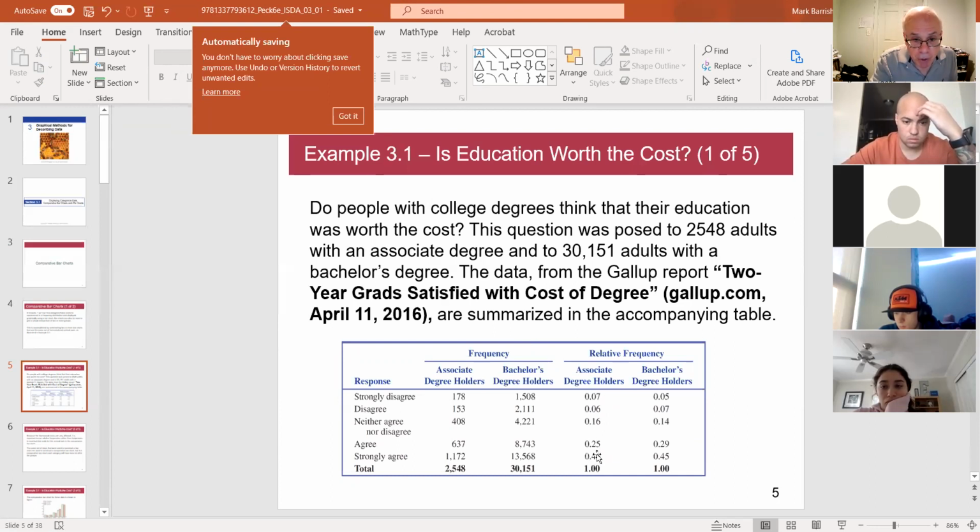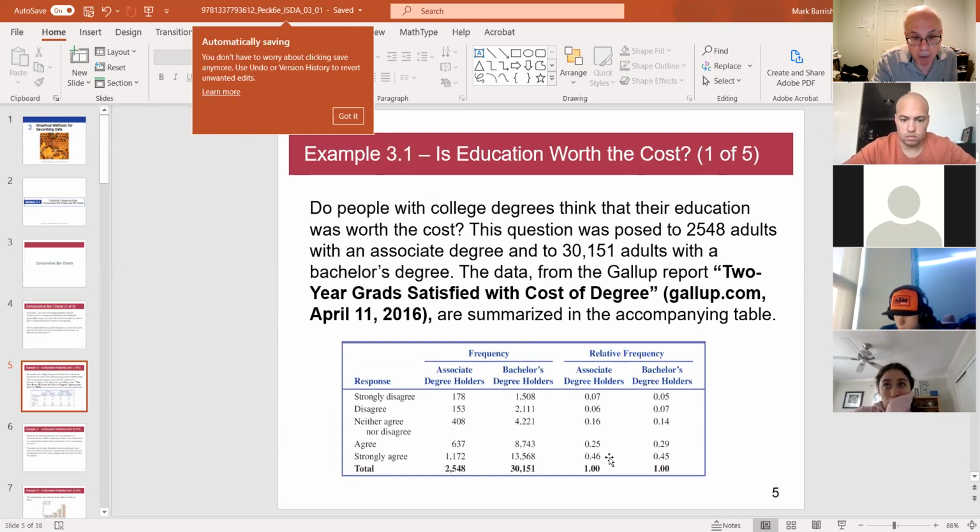These relative frequencies are the proportion or percentage of people who were in that particular group who agreed or strongly disagreed. For example, there's 1,172 people who strongly agreed with that statement in the associate degree group, 2,548 total people in the associate degree group. 1,172 divided by 2,548 is approximately 0.46.